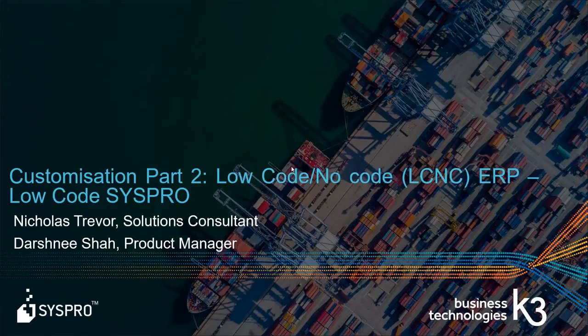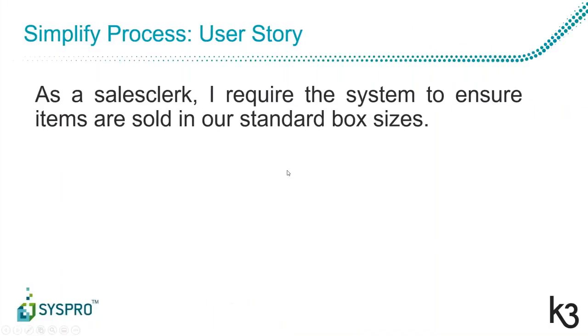So I've broken this down into user stories. Like I say, each one of these models that I'm going to go through is based on a user story. On this particular one, what I want to do is show you how you can tailor SYSPRO's sales order entry screen to feed back to the user and simplify the processes.